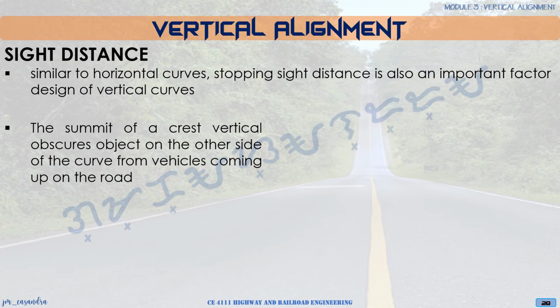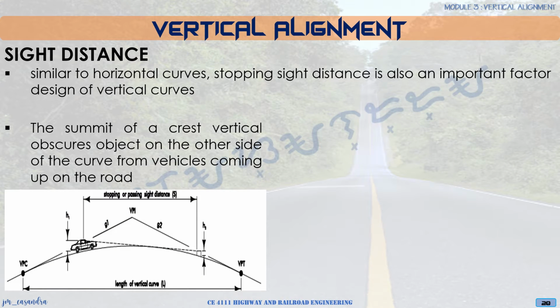So for crest vertical curves, its summit or the highest point would usually obscure objects on the other side of the curve from the vehicles coming up on the road. So if we have here an upcoming vehicle while it's moving towards the summit, then dito siya, hindi niya makikita yung obstruction natin na nandun sa kabilang side because of the summit.